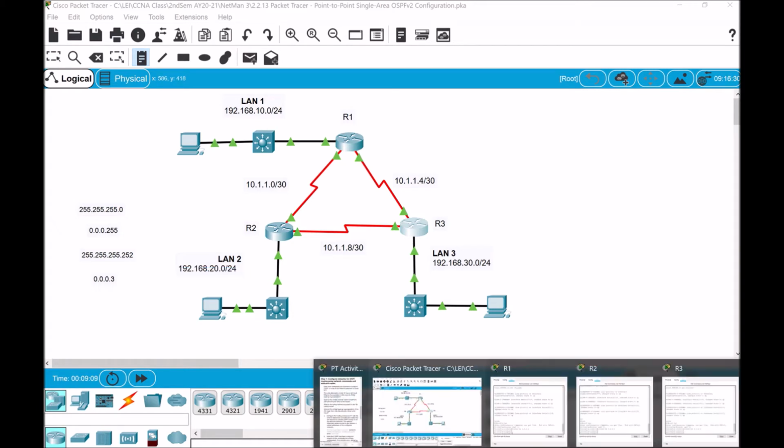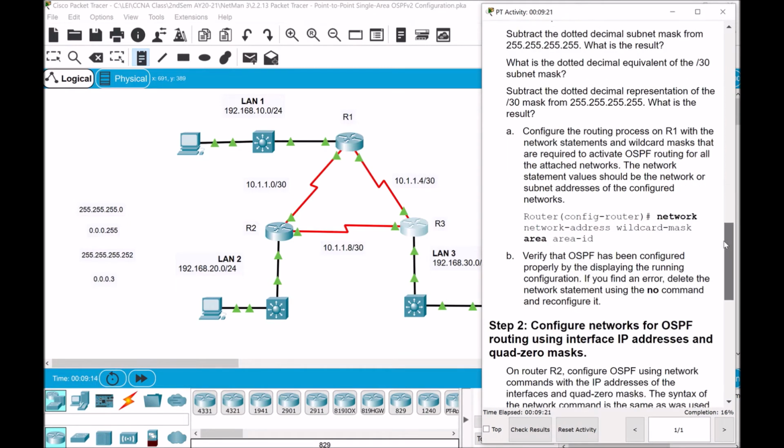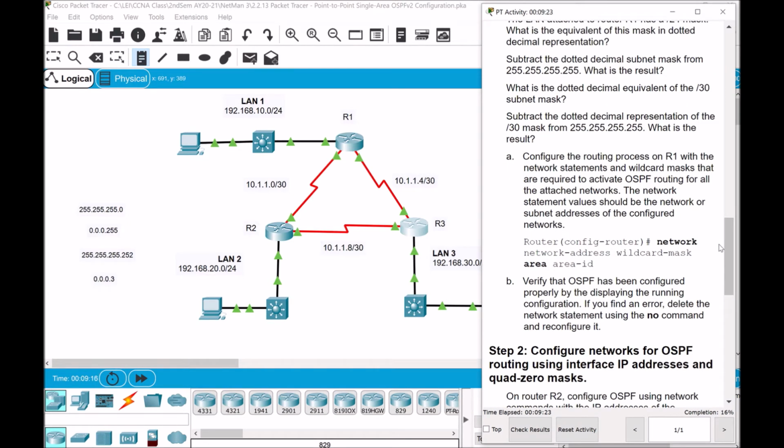Alright, so let's move on now to step A. Let's configure the routing process on R1 with the network statements and wildcard masks that are required to activate OSPF routing for all the attached networks. The network statement value should be the network or the subnet address of the configured network.